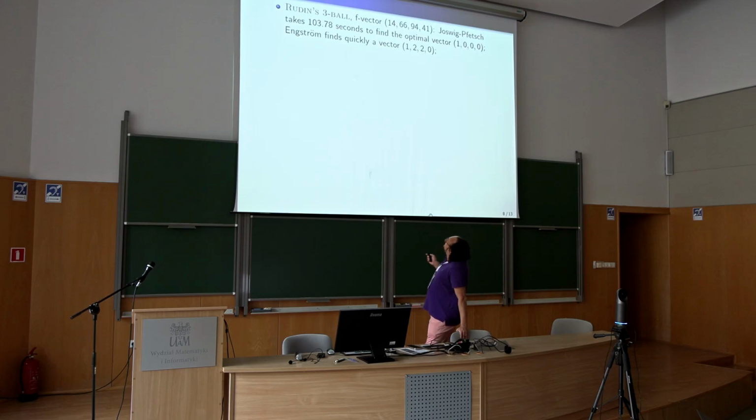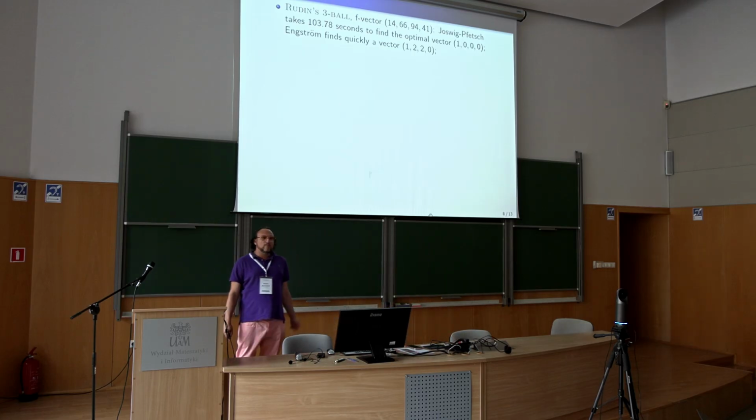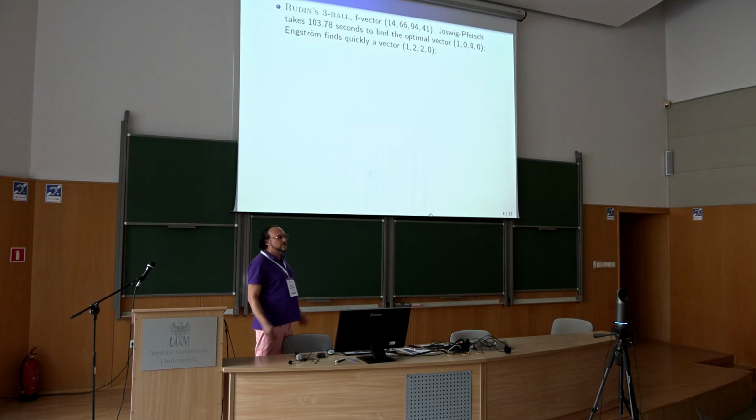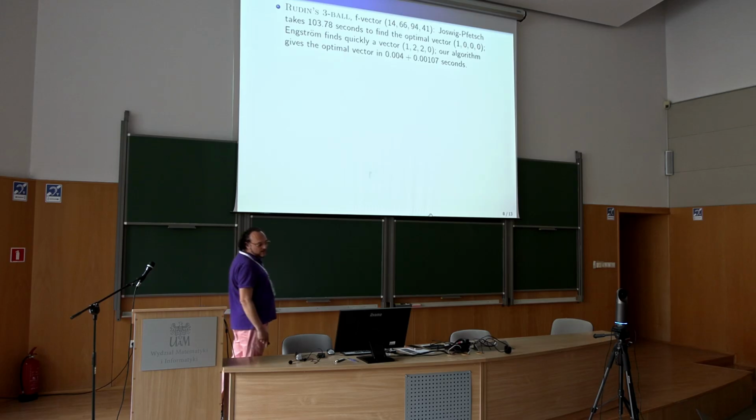Alex Engström also had an algorithm based on vertex deletions. His algorithm is quick, but it goes for a stronger property. For those of you who have heard of it, it goes after non-evasiveness, which is a stronger property than collapsibility. So it's usually able to find something quickly, but that's not optimal. And just to give a comparison of the time, you see that this algorithm is very, very quick.